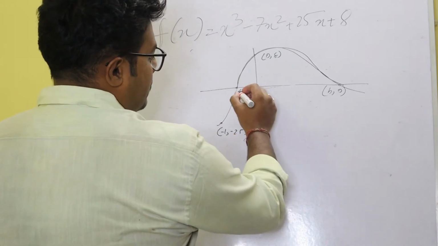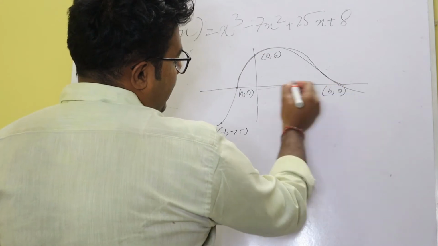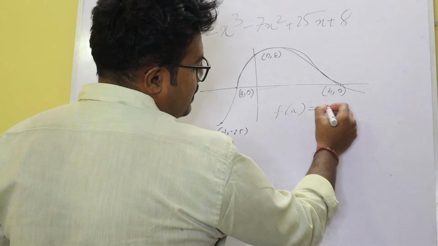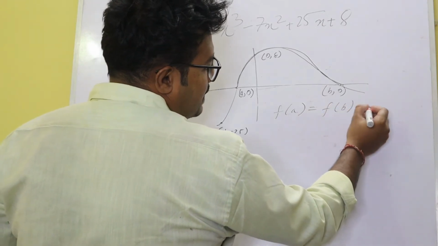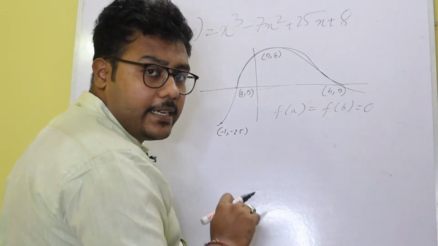And see, at this part also, f of a is equal to f of b, and both the values are 0. So we can say that Rolle's theorem can be applied here, right?